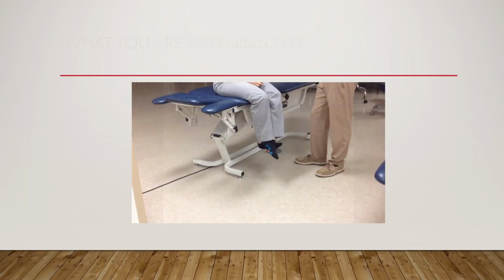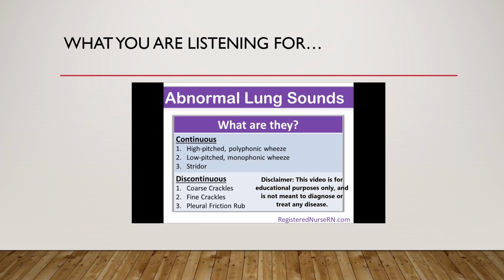Thank you. So, what are we listening for when we are auscultating the lungs? The difference between normal sounds and abnormal sounds is something that you can't really describe. There are descriptions like crackles and wheezes that go with our adventitious or abnormal sounds, but it's difficult to describe them.